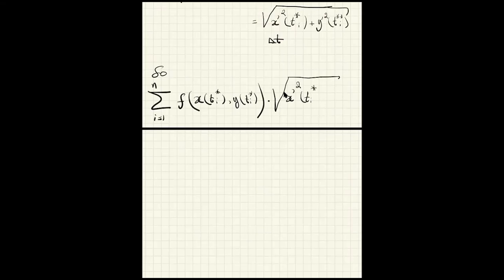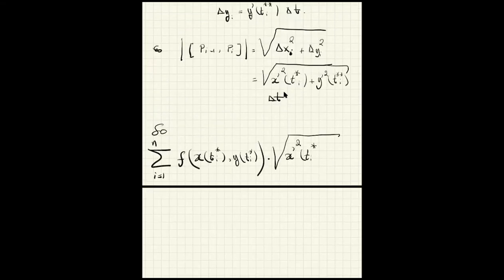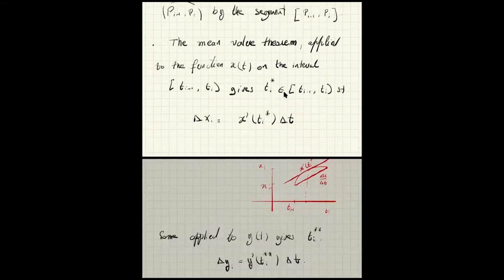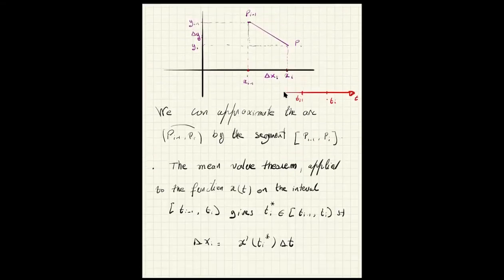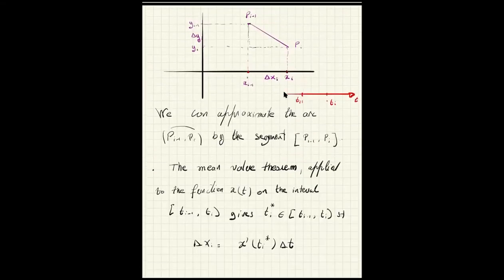Hold on, wait a moment. Yeah, because remember this t star was a random point inside, right? Because theoretically speaking, you will have two points here that are of importance.